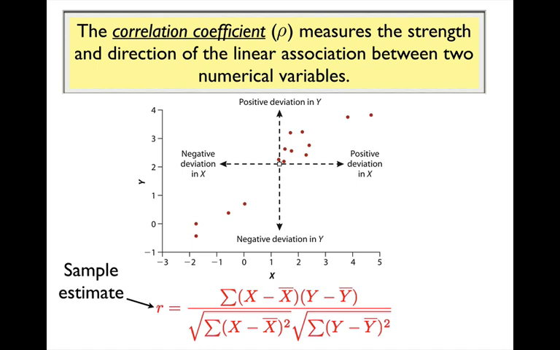Because if you're to the left of x and you're to the left of y, you're in this quadrant. So this is going to be positive when you're here or here. And it's going to be negative when you're here or here, which corresponds to a negative slope. Okay. And again, you have to normalize. So this denominator is just a normalization factor, so that R is between -1 and 1. Okay. But the most important understanding is the numerator.